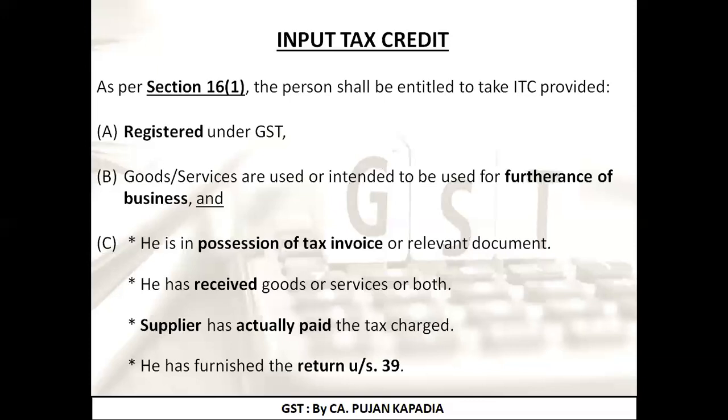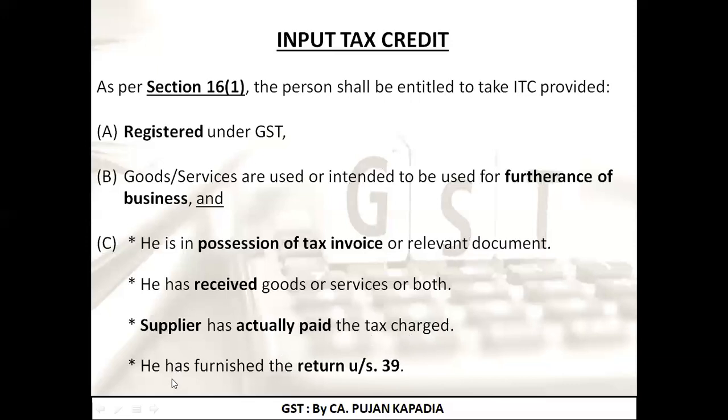If he has deposited that amount with the government, then and only then I can claim credit for the same. But if he has not deposited it with the government, I cannot take the credit. Are you getting me? So अगर government को पैसा मिल गया है, then and only then I can claim the credit. If it is yet to be received by the government, I cannot take the credit as of now. So the third point is the supplier should have actually paid the tax which was charged on the particular product.